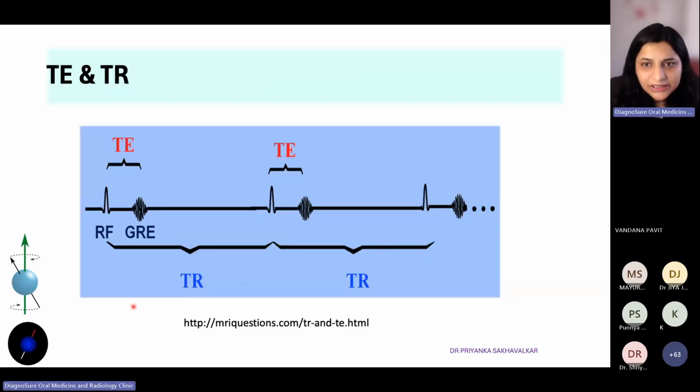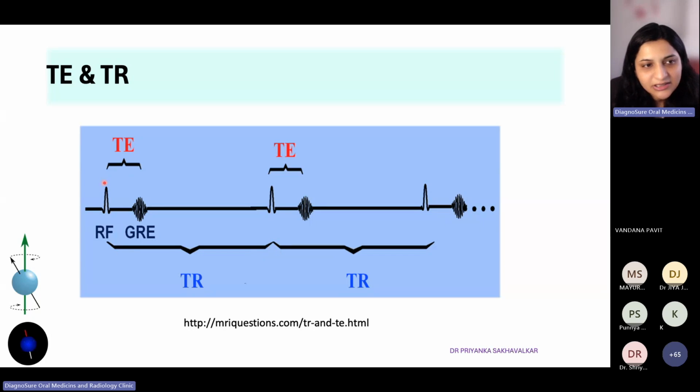Coming to TE and TR, the echo time represents the time between application of radio frequency excitation and the maximum signal obtained. So we apply the pulse and we wait for a signal to come back after it is stopped. So this time is TE, the echo time. And the repetition time is between the first and the second time a radio frequency pulse is applied, that is TR.